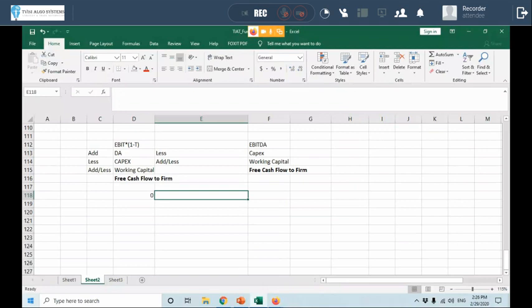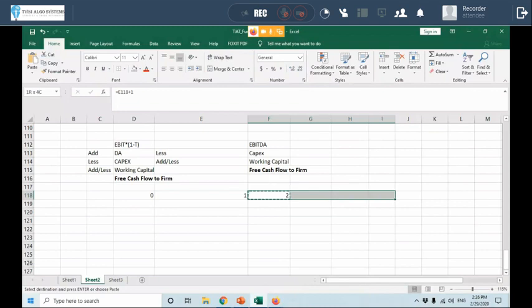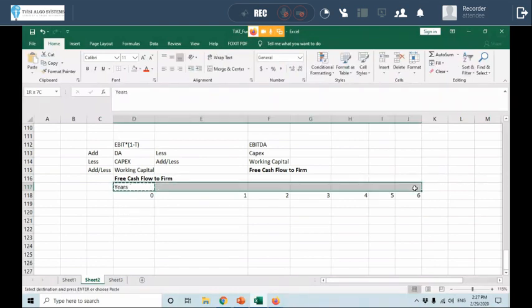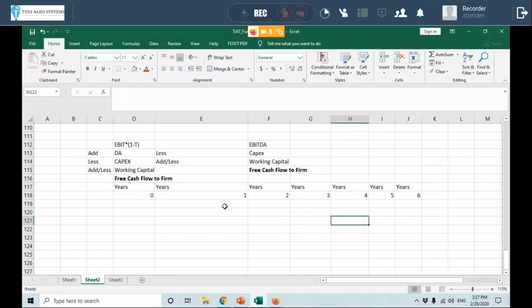Then next it will be 1 year. Basically, I'm trying to see the free cash flow earning potential of the company, yearly. These are years. People can take this for 10 years also. Now I want this free cash flow to firm.